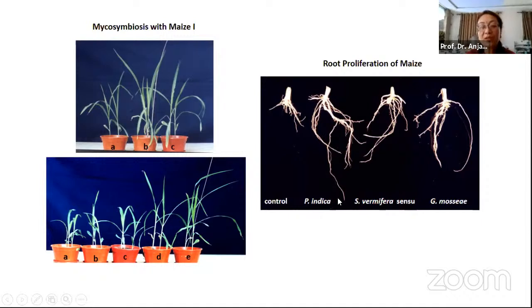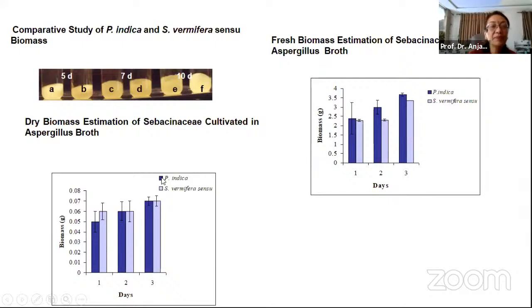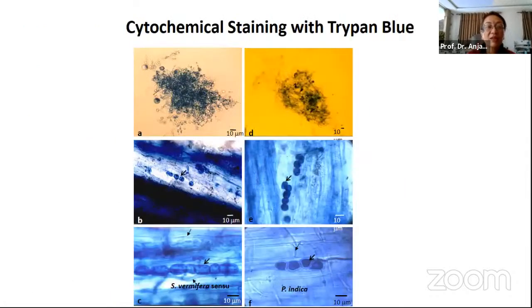With P. indica, it is very nice. And similarly with Sebacina vermifera, which is also AMF-like fungi incorporated. And the last one is the Glomus mosseae, that is the endomycorrhiza. Here, for the identification of Piriformospora indica and vermifera, it has been used in the various broth cultures and its growth comparison is almost similar.